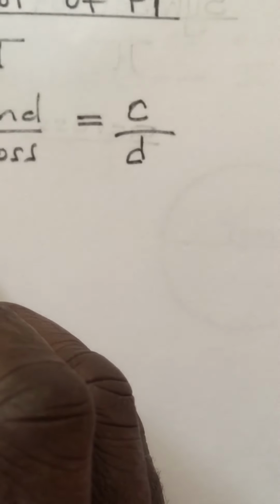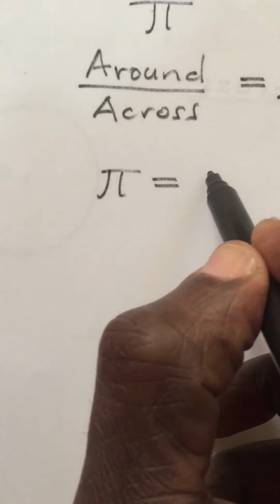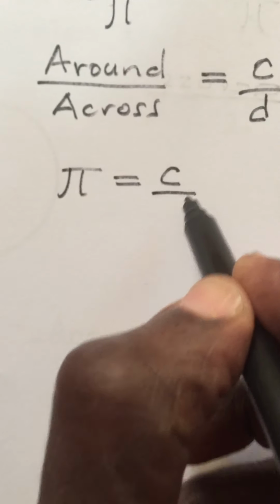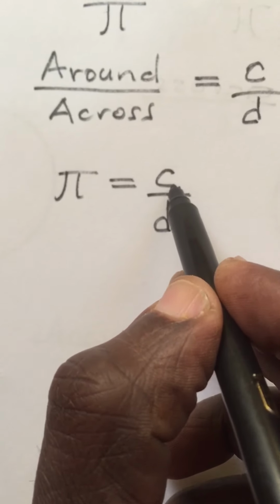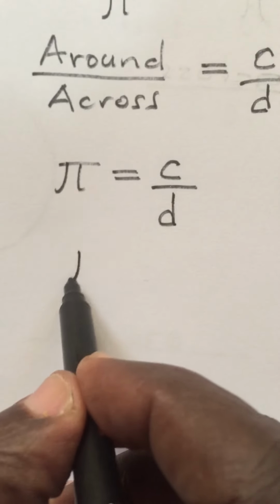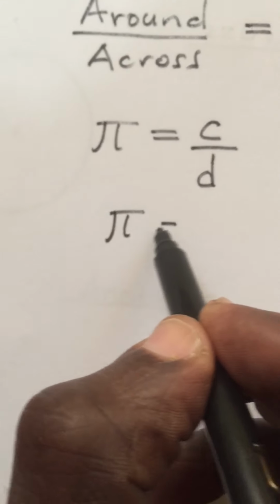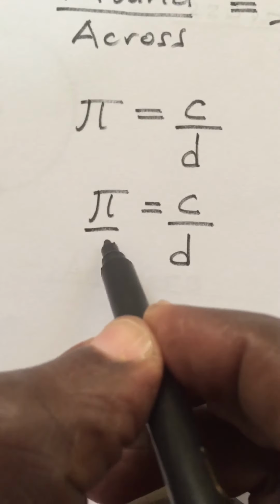So what are we saying? We are saying pi is equal to the circumference over diameter. Now we want to look at what the circumference is. I'll write pi again, equal to circumference over diameter over 1.